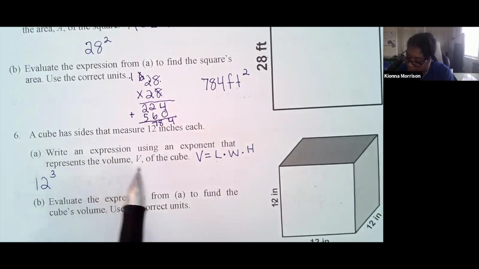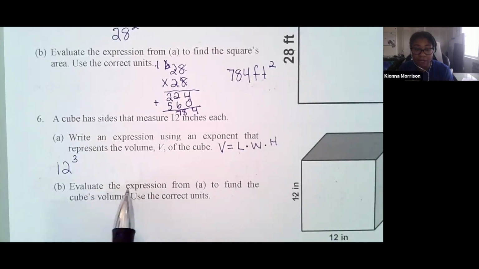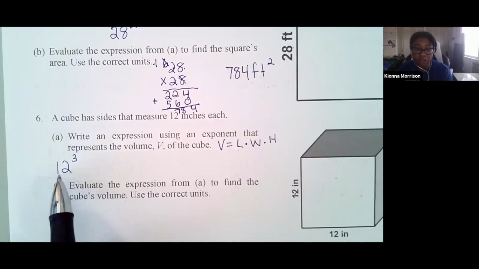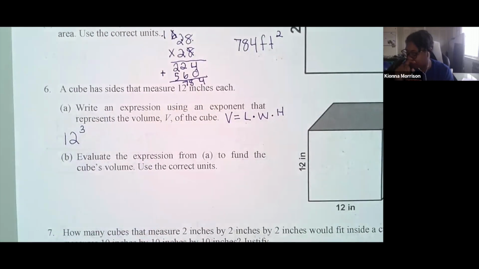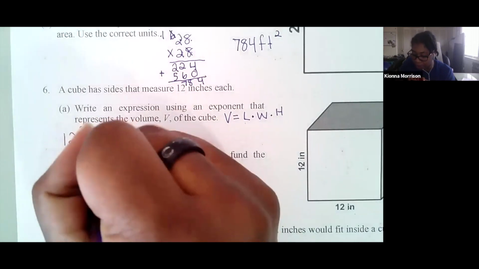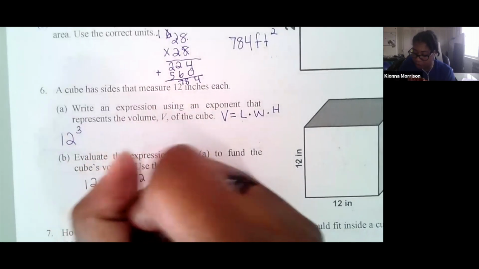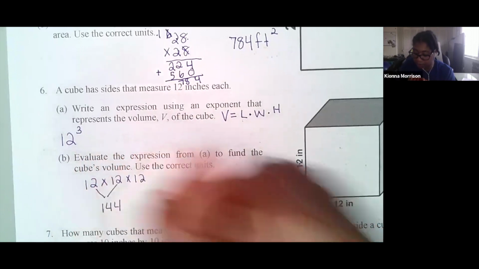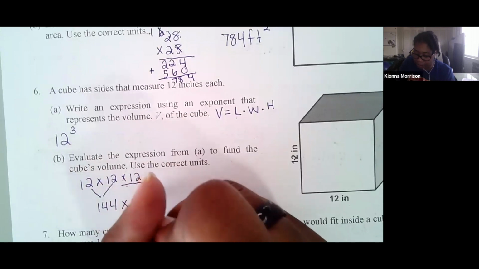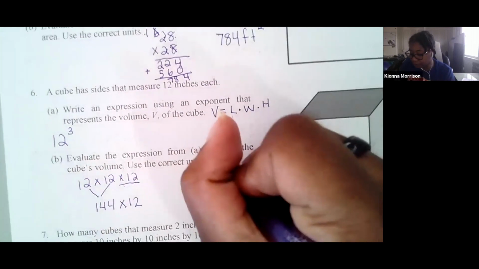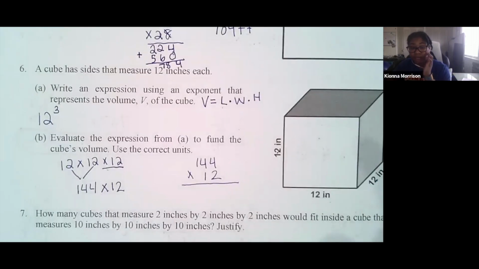So now I need to evaluate the expression to find the cube's volume. So now I need to find out what 12 times 12 times 12 is. Well, I know 12 times 12 is 144. Now I'm going to take this last times 12. We're getting a lot of good multiplication practice today.